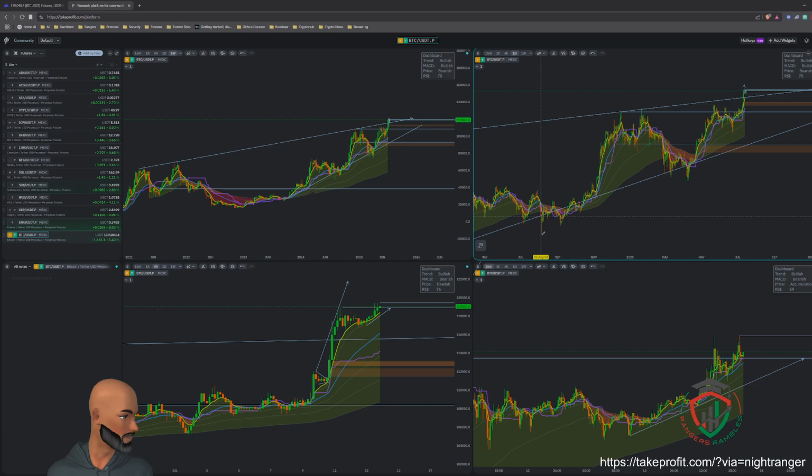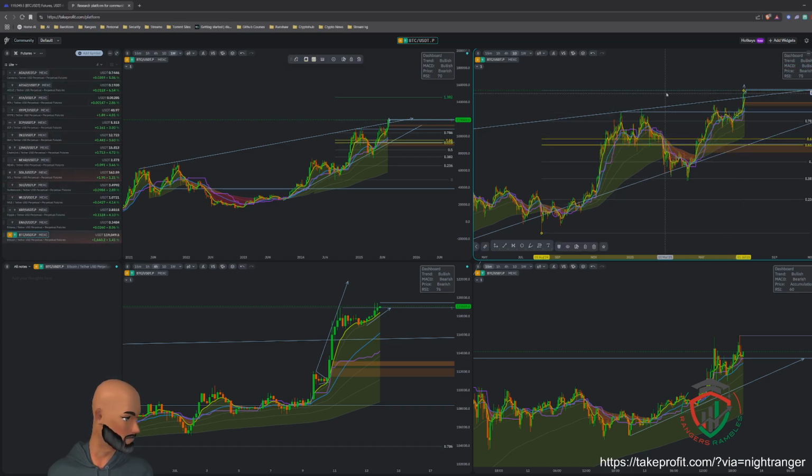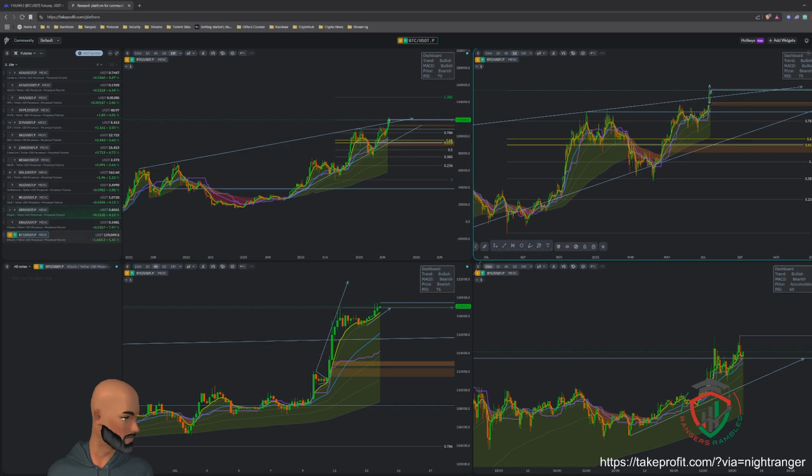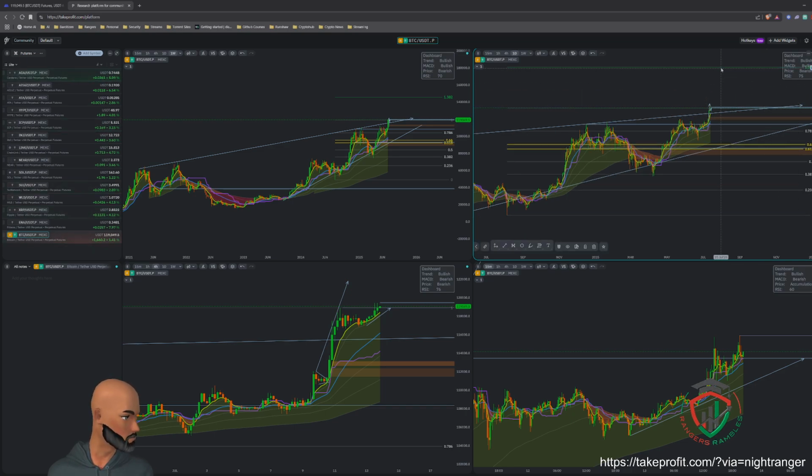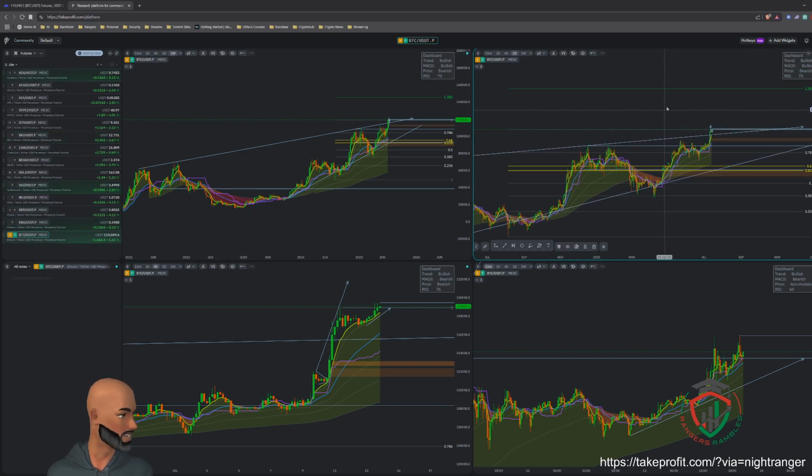Let's have a look. Go from here to even there. That's 130. If we go there, what is it on that one? There you go, 145. So that's my targets about that.